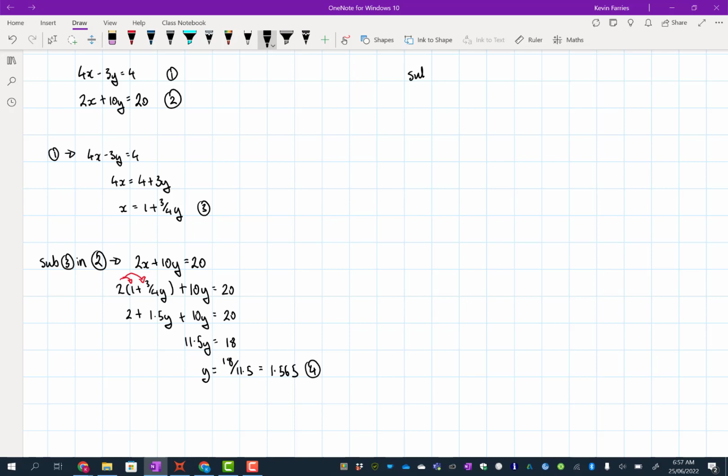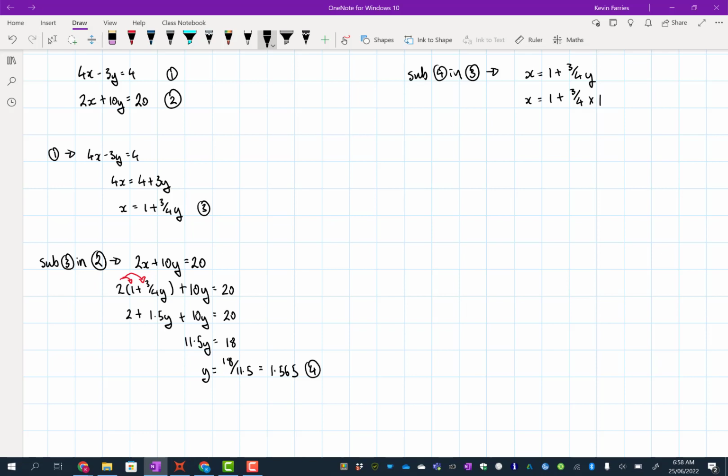Then we'll sub 4 back into 3. So x equals 1 plus 3/4 y. So therefore x equals 1 plus 3/4 times, we just figured out that y is 1.565.